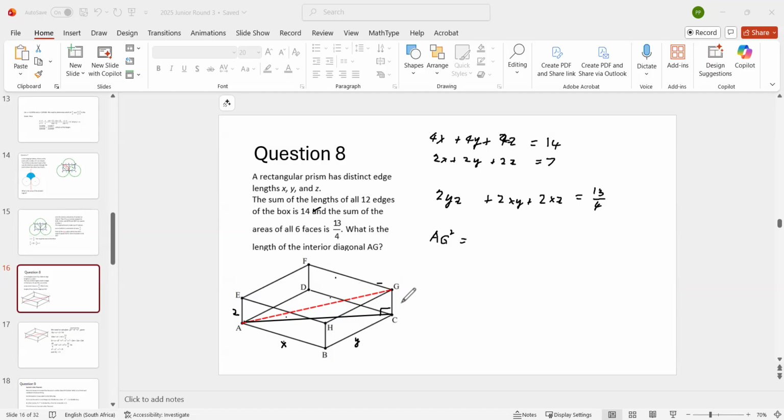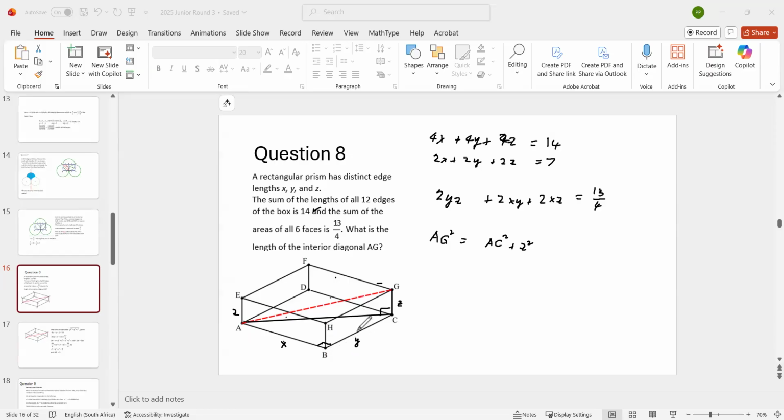So this is Z here. So this is AC squared. The other side is AC squared plus Z squared. But now if you look at AC squared, it's the hypotenuse of a right angle triangle on the floor. Right? This is a rectangular prism.